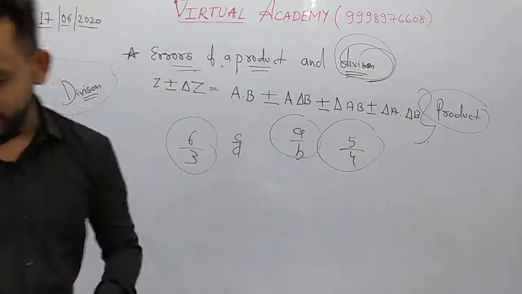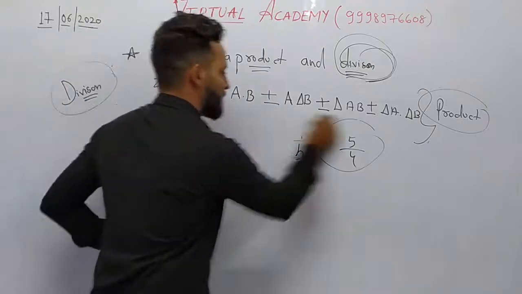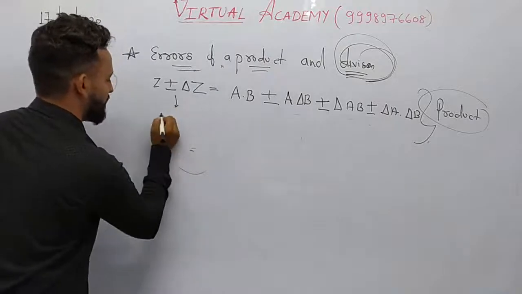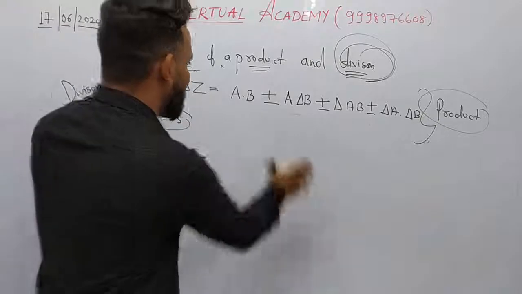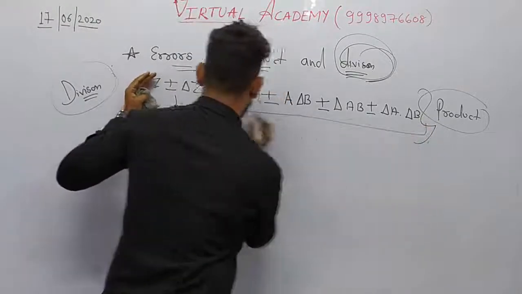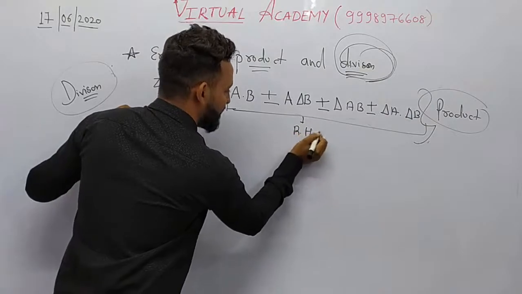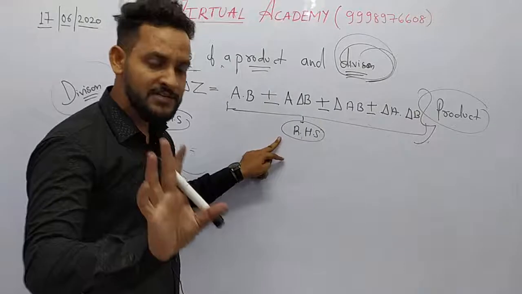So we are basically going to deal with these. It is our left hand side, and it is our right hand side. Clear? Both sides, left hand side and the right hand side. Now we have to do just one thing.